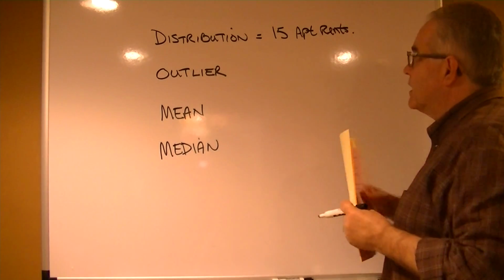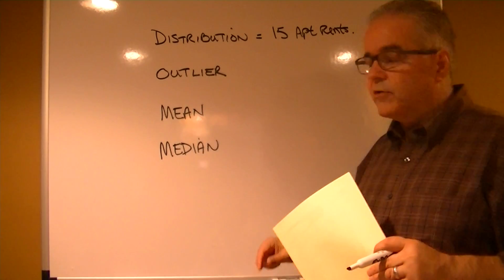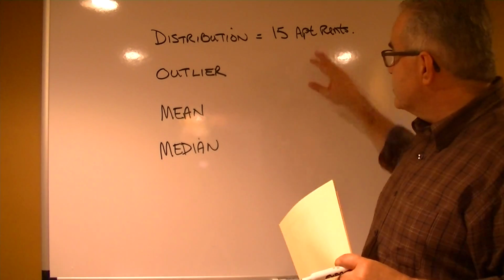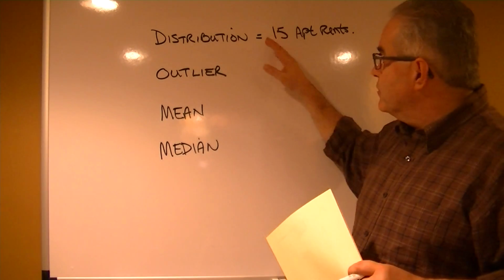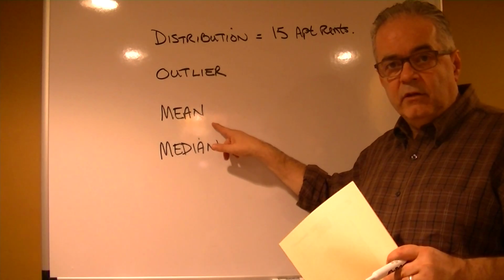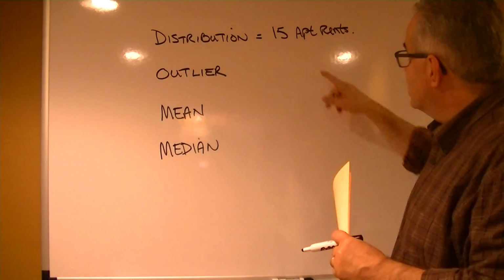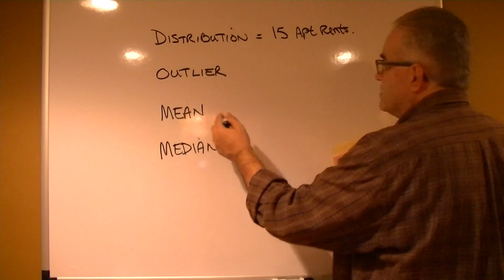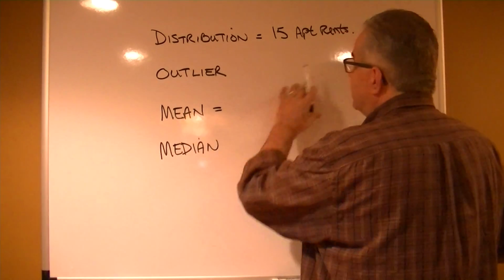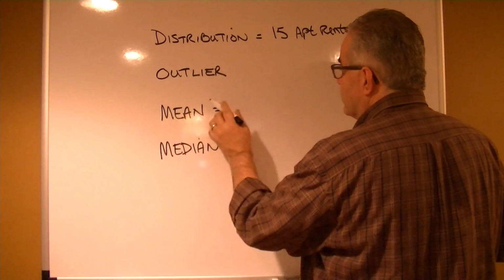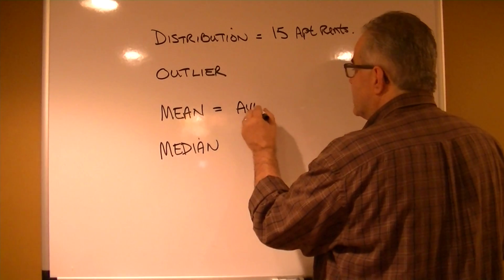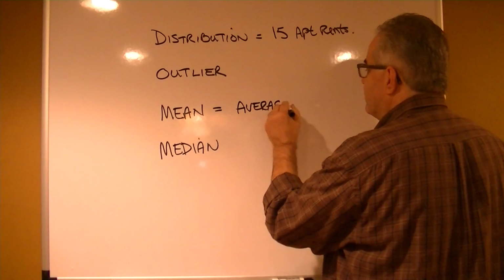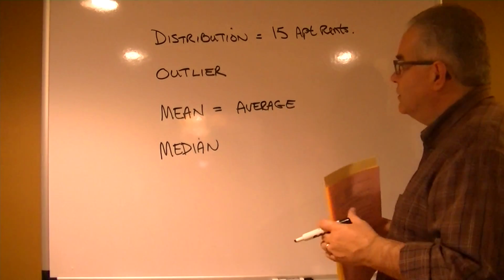So he's going to get an average cost of that for the distribution. The average is the same thing as the mean. So whatever the distribution is of the 15 apartments, he'll take that and evaluate it to find the mean, where mean is the same word as the average, what we know as the average.